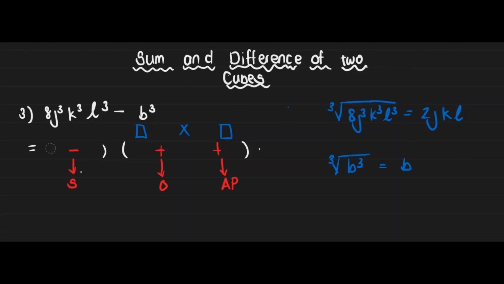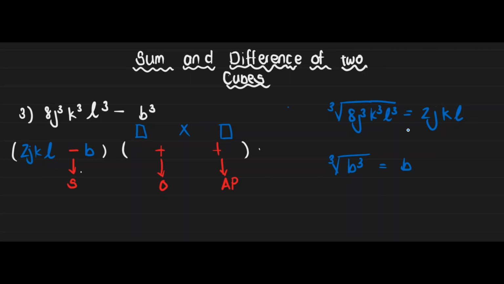So here we're going to write the first term. Let me extend this because I feel like my space is a little bit small. The first term is 2jkl, right? And the second term is b, so it's going to be b here. Then here they say we need to square the first term.